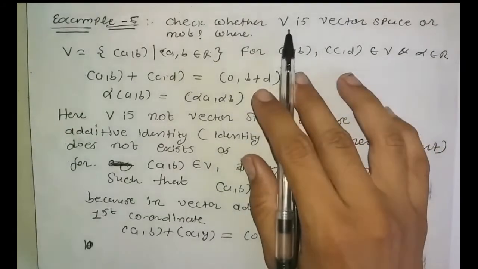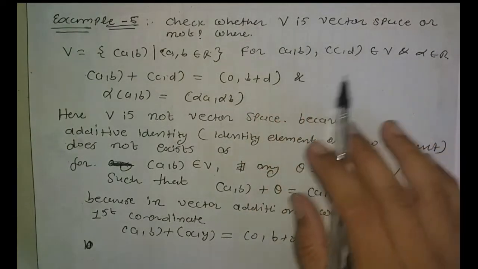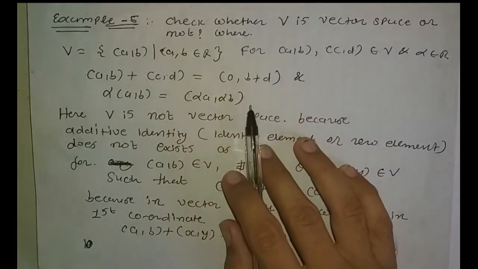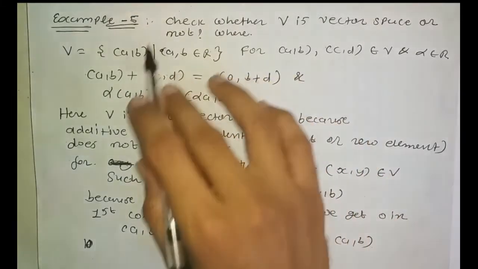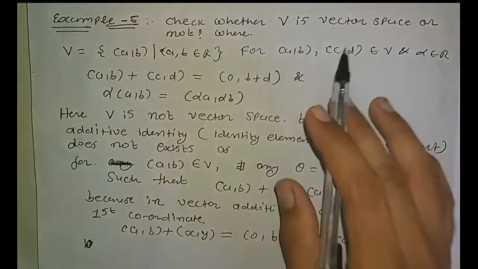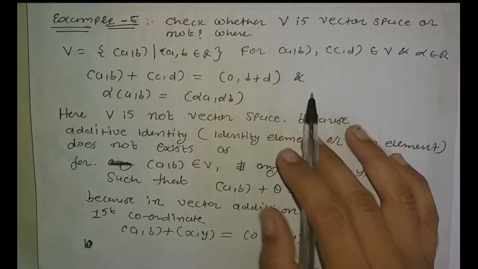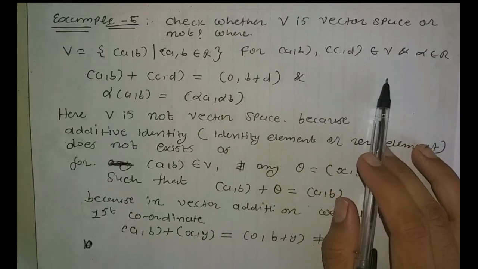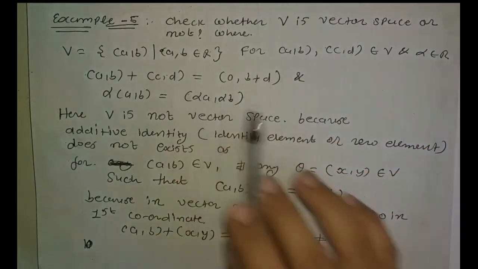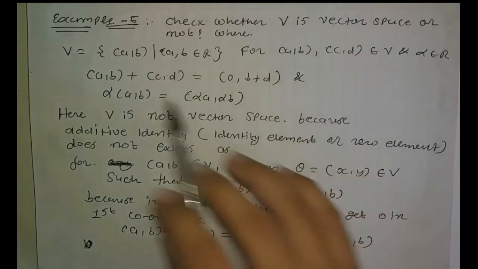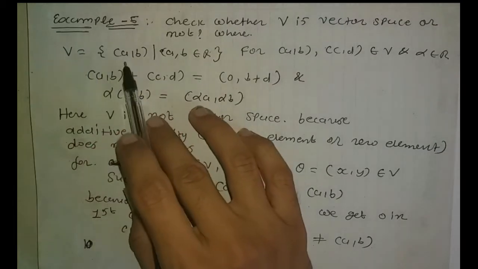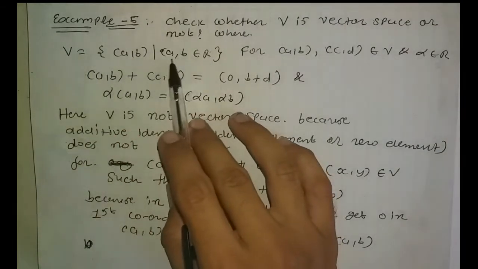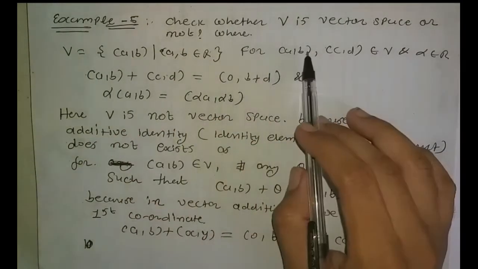Then the given set V is not a vector space with the given binary operation. So in such type of question, first we try to find at least one property which is not satisfied by the given binary operation.